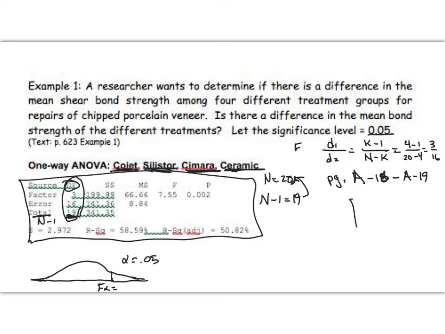In my table, I don't have a picture of it, I have degrees of freedom up here at the top in the numerator. So I'm going to look for, and then I have numbers 1, 2, 3, 4, and so on. On the side, I have degrees of freedom in the denominator.